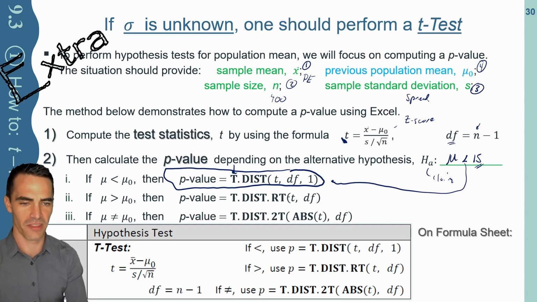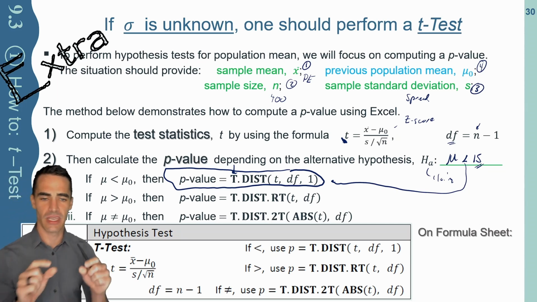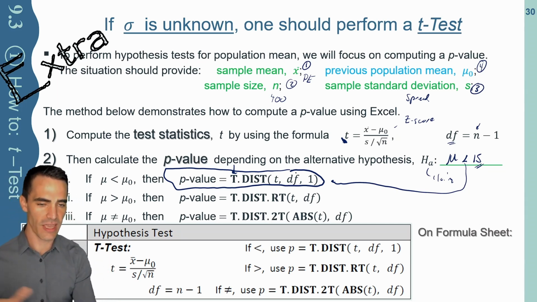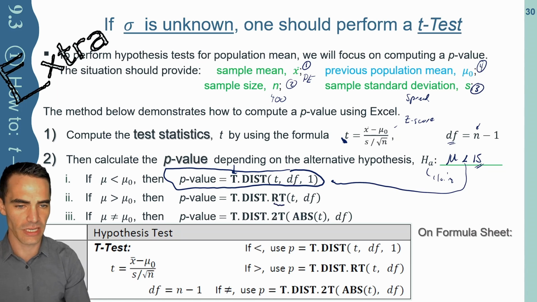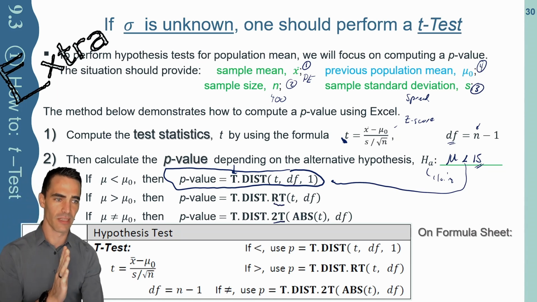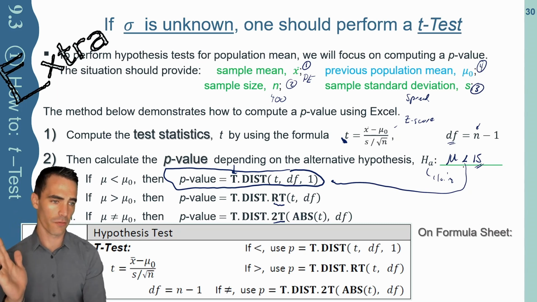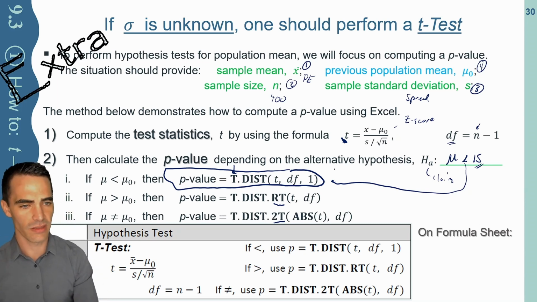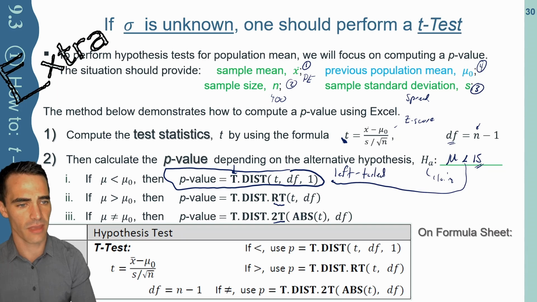Let me talk real quickly about them, though, because I think it's interesting. In hypothesis testing, we're often interested in a tailed study. And by tailed, I mean, in fact, that's what RT and 2T stand for. These claims actually refer to, this is less than 15, meaning I'm trying to look for values that are smaller, meaning that this is a left-tailed hypothesis test.